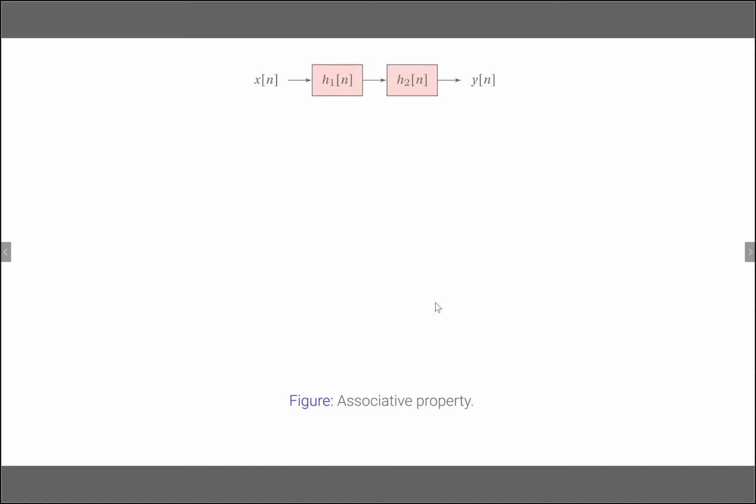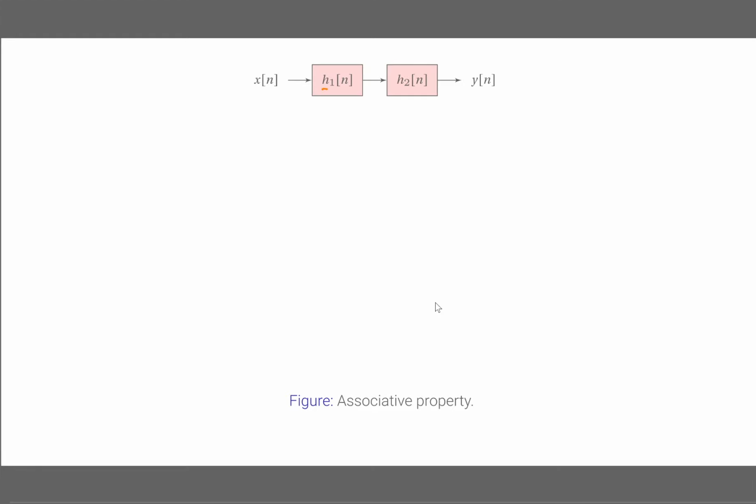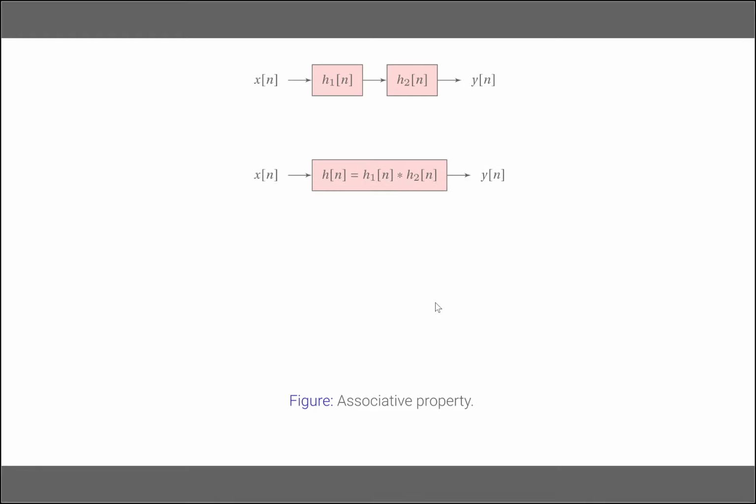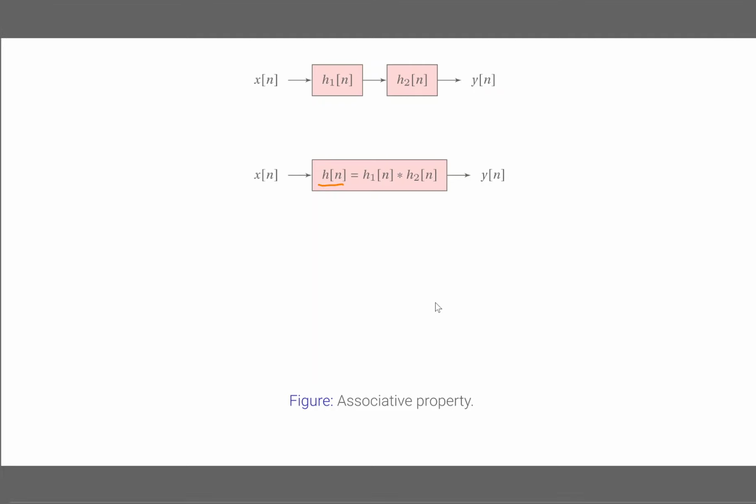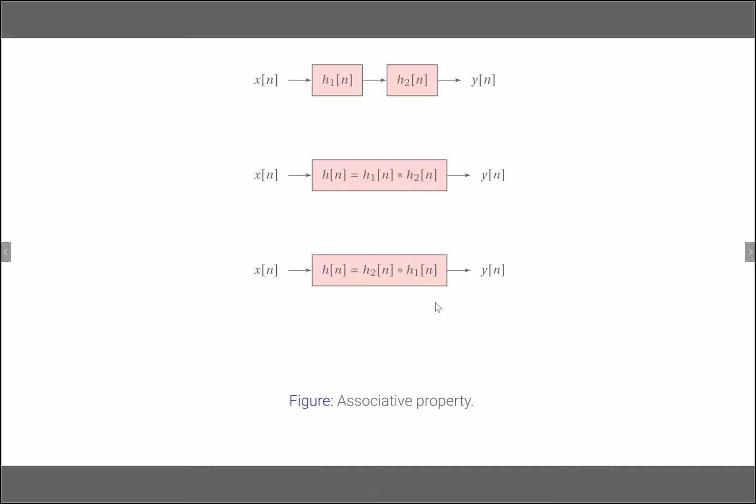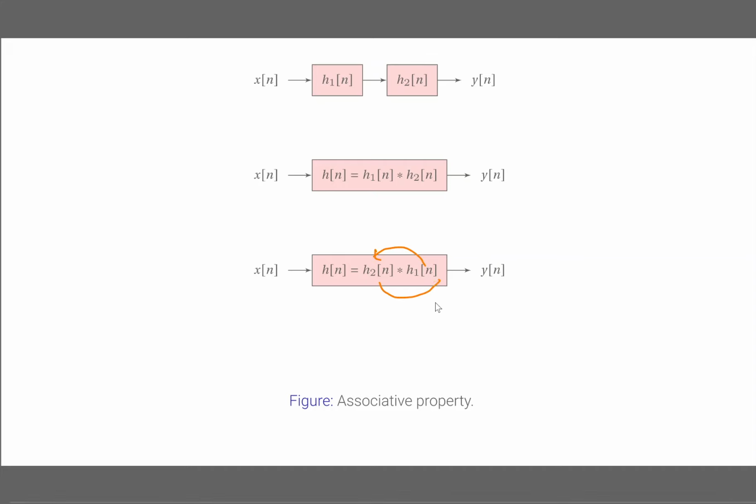Okay, so let's look at the associative property using block diagrams. x[n] is fed to h1[n], and then the output is fed to h2[n] to get y[n]. So we can write this as h[n], which is actually h1[n] convolved with h2[n]. So since we can switch these with the commutative property, we can write in this fashion.